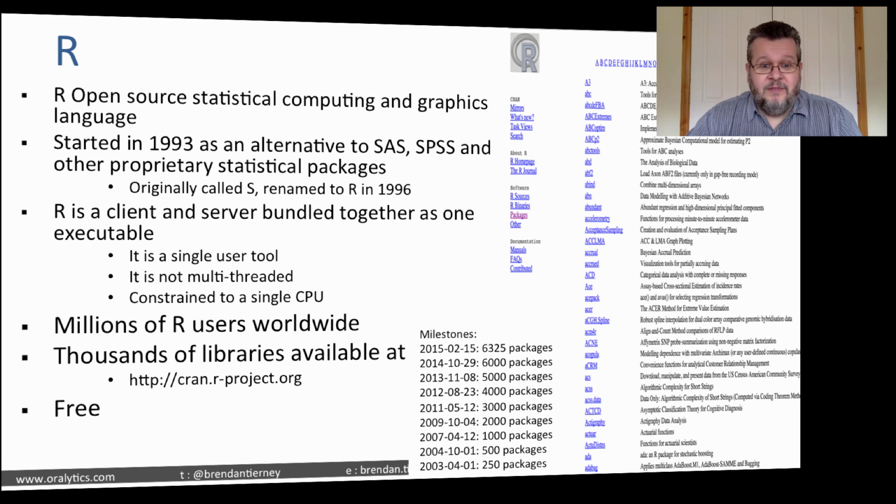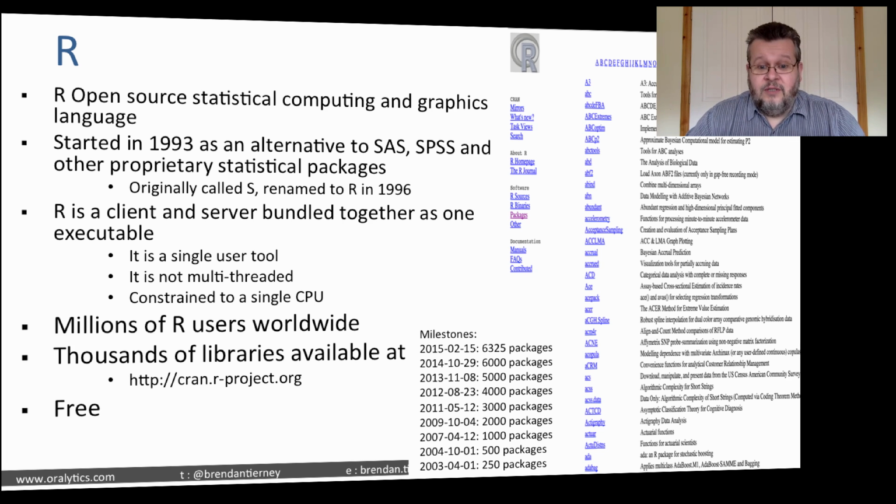Through various iterations and improvements, it evolved into the R language around 96. It is an open source, free language tool that is being built upon and constantly enhanced by the user community around the world. There are millions of users, and you can go to the CRAN web page where you can download the latest version of it.